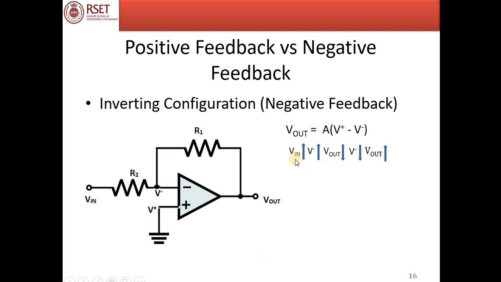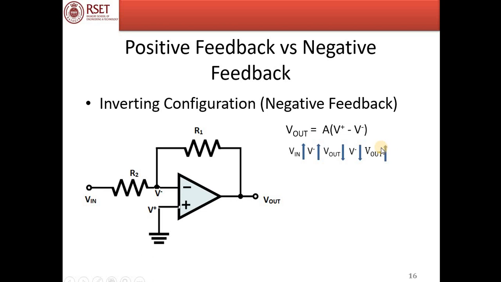Let us see. When V input increases, V minus increases. And as per this equation, when V minus increases, V output decreases. When V output decreases, a part is being fed back, so V minus further decreases. And when V minus decreases, from this equation we can see that V output increases.